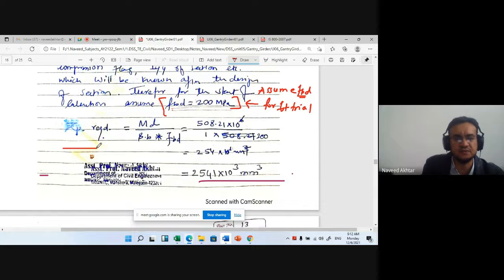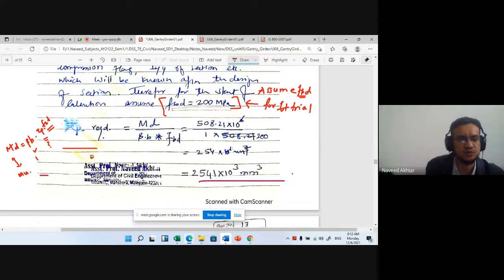We know that MD is equal to beta B into ZP into FBD. So as per our MD, the design moment is beta B into ZP into FBD. FBD we already assume, ZP we have to find out, and beta B for a plastic section is 1, and MD is nothing but the MU that you will consider.